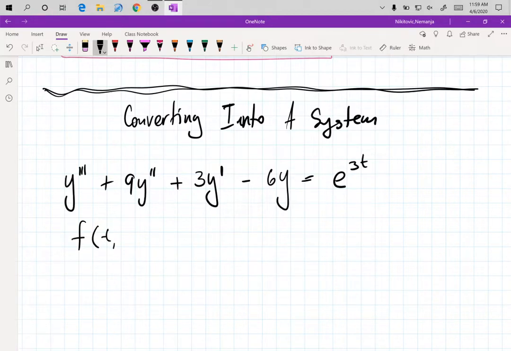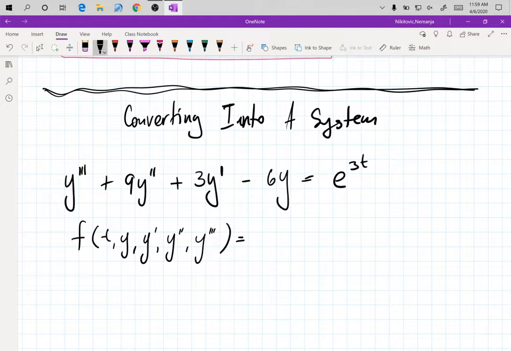So this is F of t, y prime, y double prime, y triple prime, and that is going to be equal to all of this mess. Now we are going to write this in the opposite order.